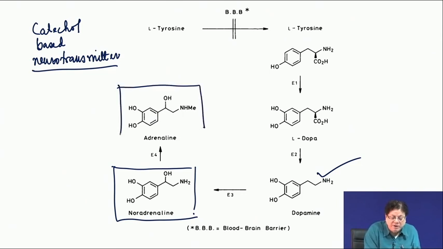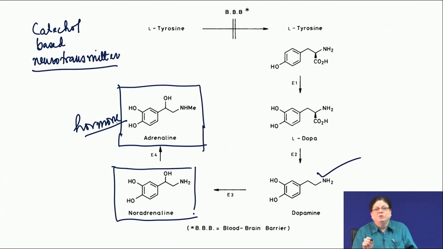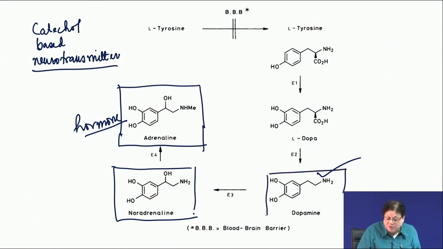By the way, adrenaline is a hormone, but these are neurotransmitters. You know the difference between the hormone and the neurotransmitter, that these act at a very short distance. Noradrenaline and dopamine also belong to the class of neurotransmitters.